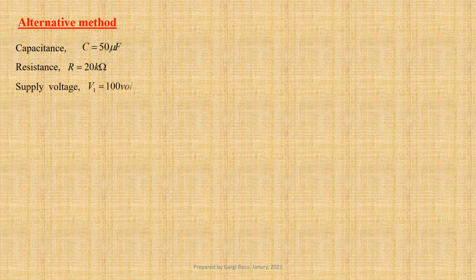Given data, capacitance C equals 50 microfarad, resistance R equals 20 kilo ohm. At t equals 0, supply voltage V1 equals 100 volts. Increased supply voltage V2 equals 150 volts.